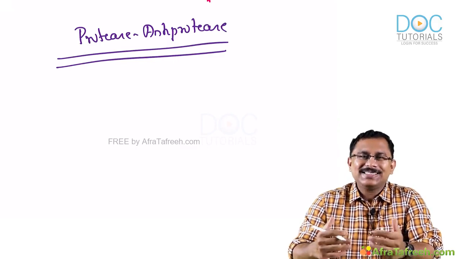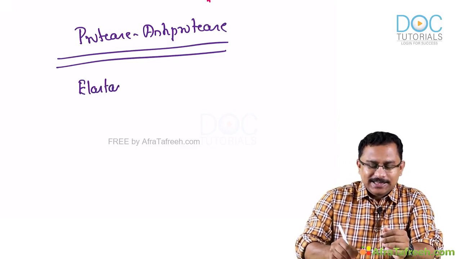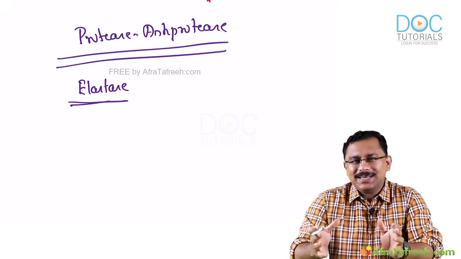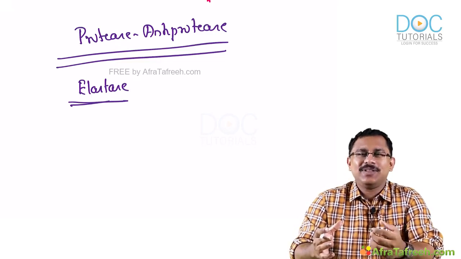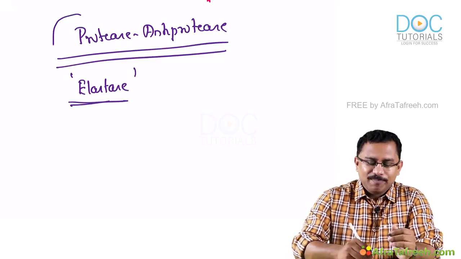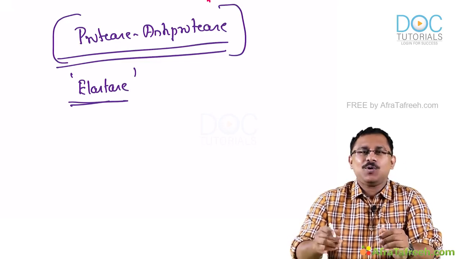But if the balance is disturbed, if certain proteases like elastase act unopposed, then there occurs destruction of the walls of the airway. So it is important to maintain a good balance of your protease, anti-protease.